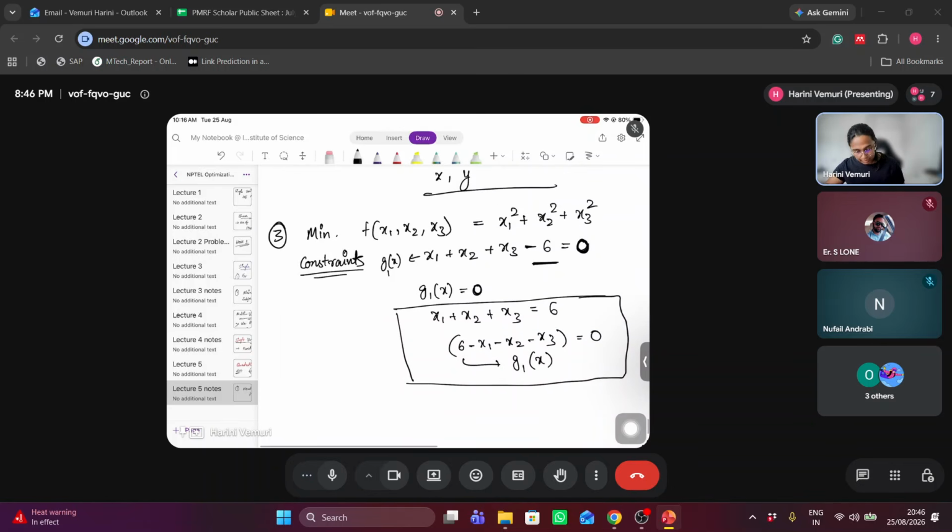But here what is given is x1 plus x2 plus x3 minus 6 equal to 0, so this is directly g1 of x equal to 0. Is this clear? When we have the constant given separately, then you have to apply that condition.